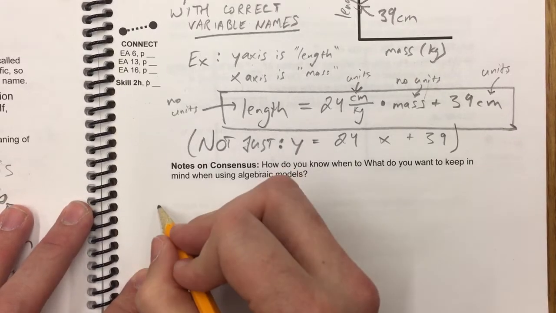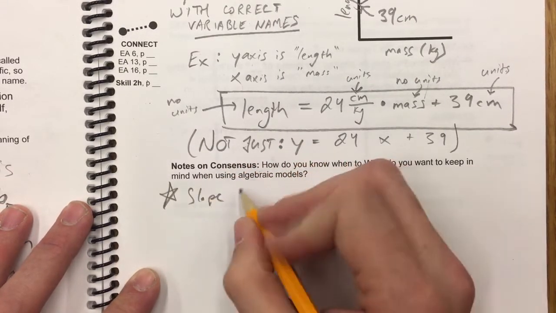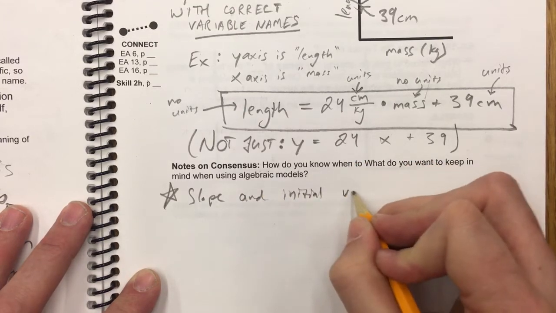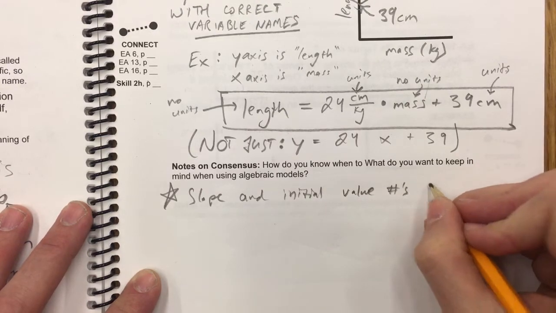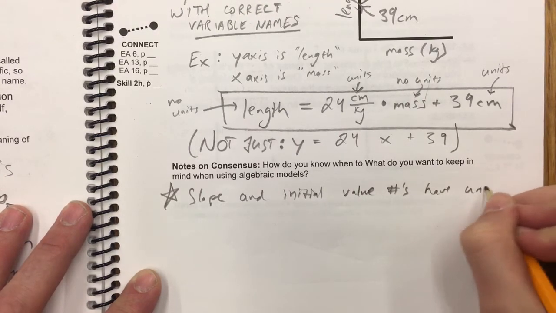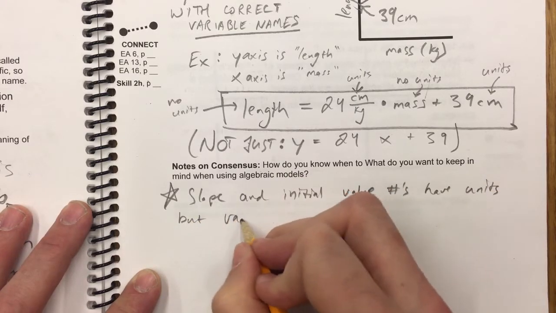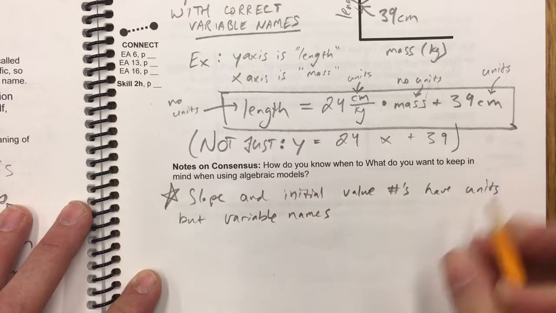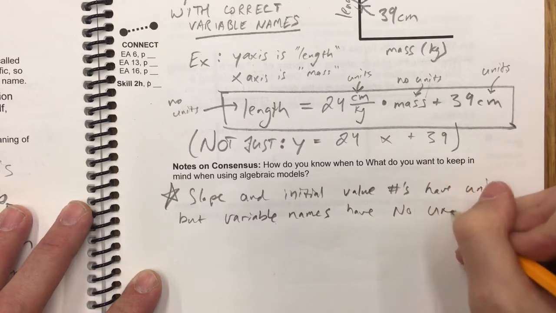First of all, just to remind ourselves of that thing that we just wrote down, the slope and initial value numbers have units, but variable names have no units.